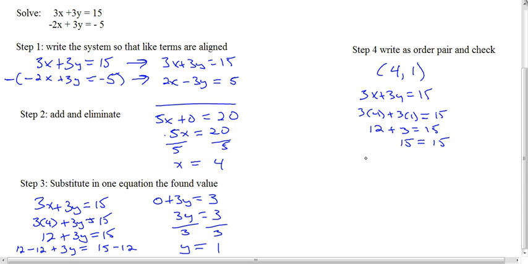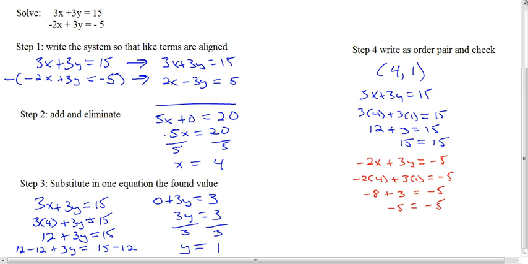Here we have negative 2x plus 3y is equal to negative 5, so negative 2 times 4 plus 3 times 1 is equal to negative 5. That's negative 8 plus 3 is equal to negative 5, and indeed 8 minus 3 is 5, and since the 8 is negative, it'll be negative 5 is equal to negative 5.